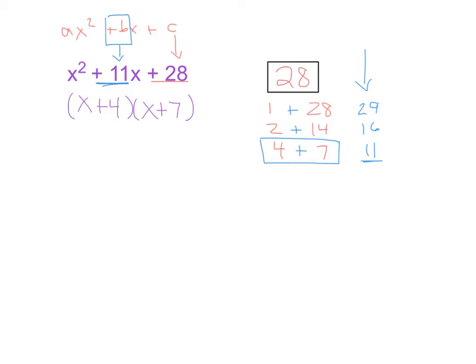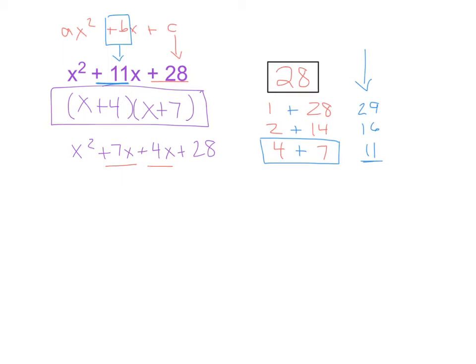If we FOIL it, we'd get x squared plus 7x plus 4x plus 28. Then we combine the 7x and the 4x, which is 11x, and you'll notice that is our quadratic expression. So our answer is x plus 4 times x plus 7. We have factored the quadratic expression.